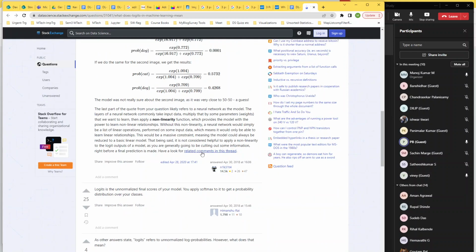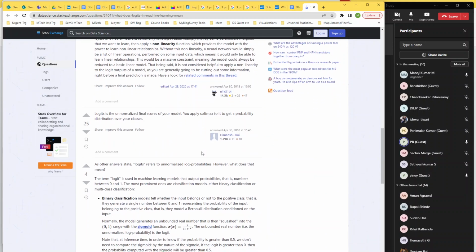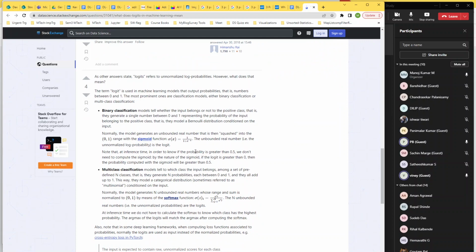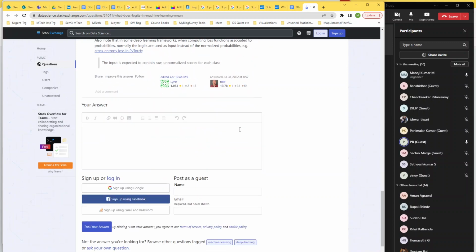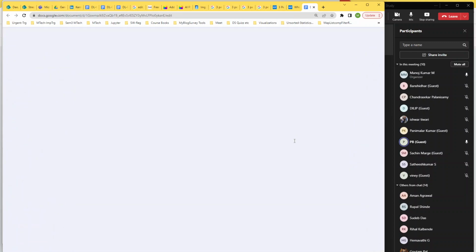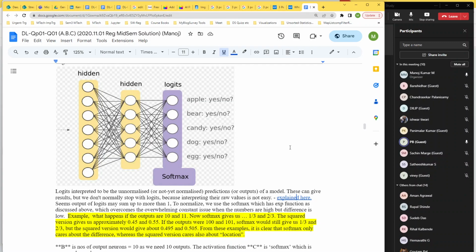Like if you have 10 nodes in the final layer, so see, when you are using softmax, how it's going to give you the change. I mean, you can have values ranging from 1 to 100, right? When you're receiving the values from the previous layers in the hidden layer, you put it in the output layer, the values can range from 1 to 100.